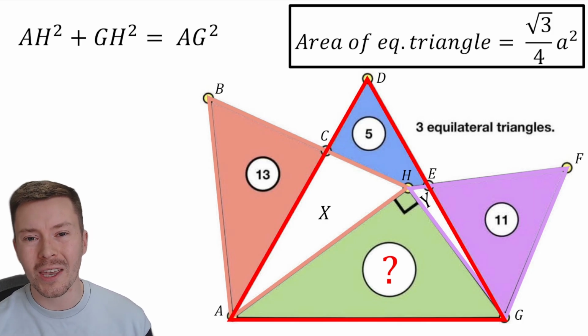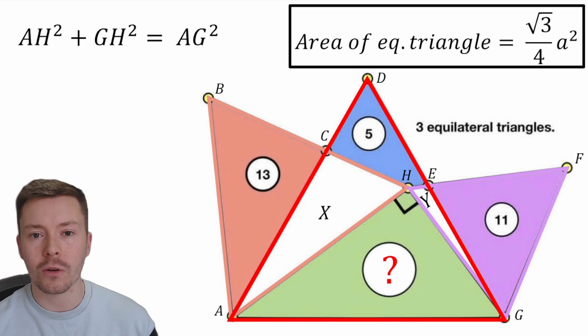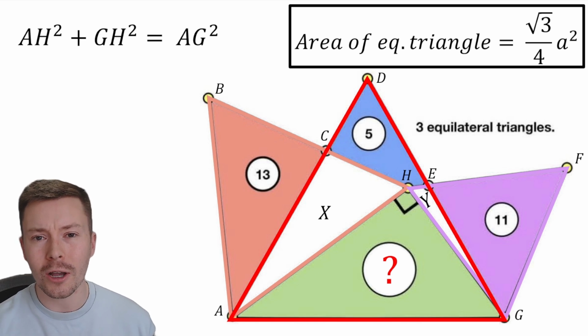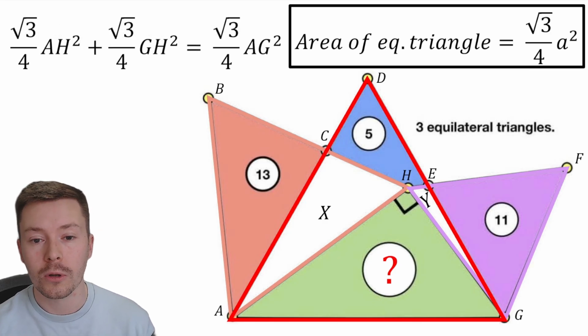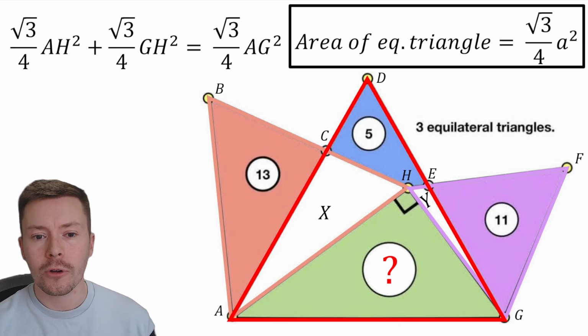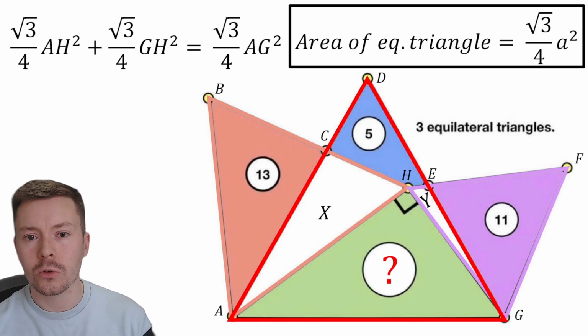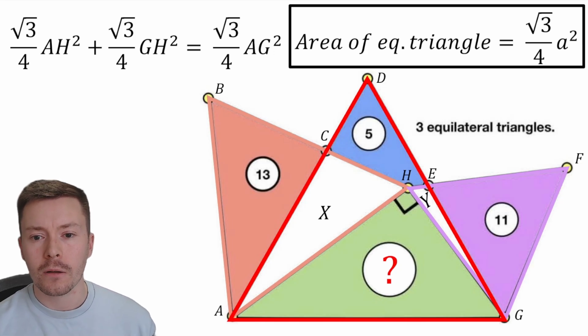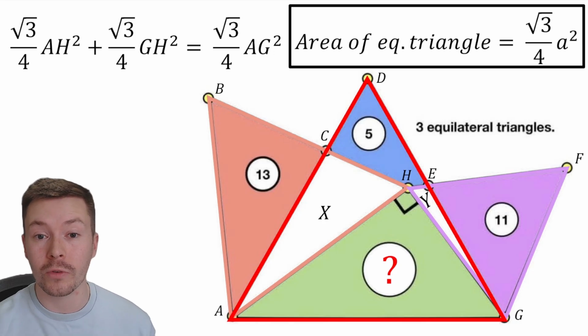So looking at the equation I made with Pythagoras earlier, I've already got a side length squared. So if I multiply everything in that equation by root 3 over 4, then really what I've got here is the area of three equilateral triangles. And it just so happens that each of these sides corresponds to the three different equilateral triangles involved in my diagram.